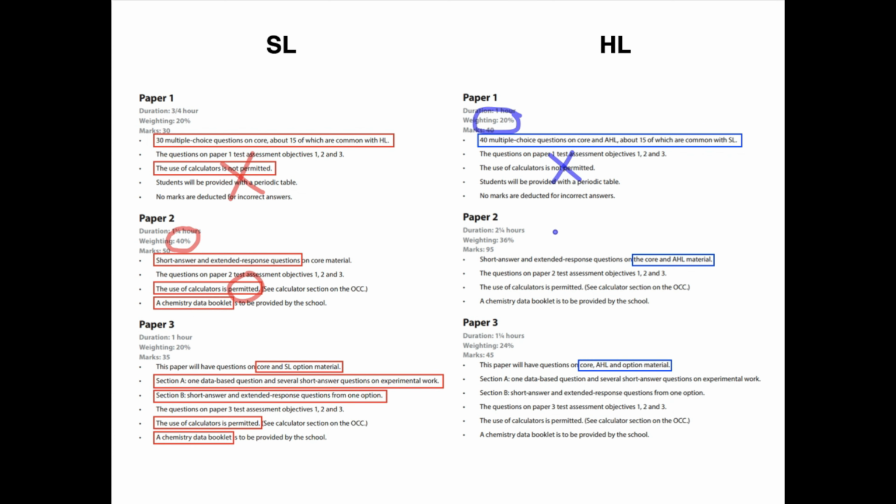For HL students, the weighting of paper 2 would be 36%. Similar to SL, it will be composed of short answer and extended response questions on core and additional higher level material. Okay? The use of calculators is permitted, and HL students will also be given a chemistry data booklet.